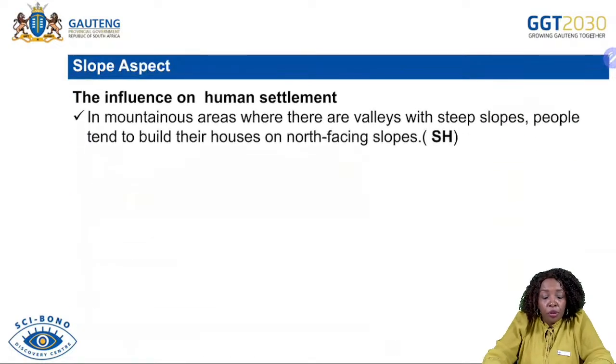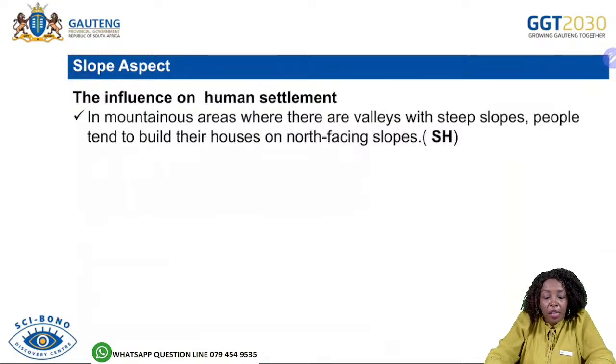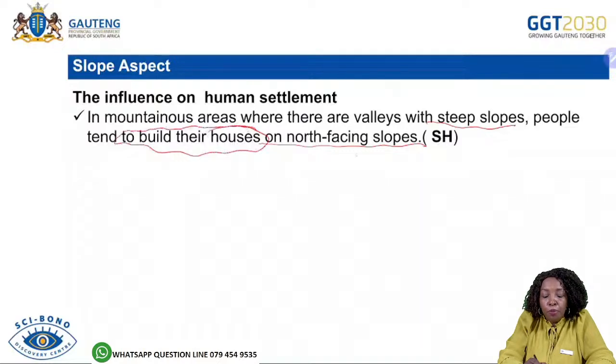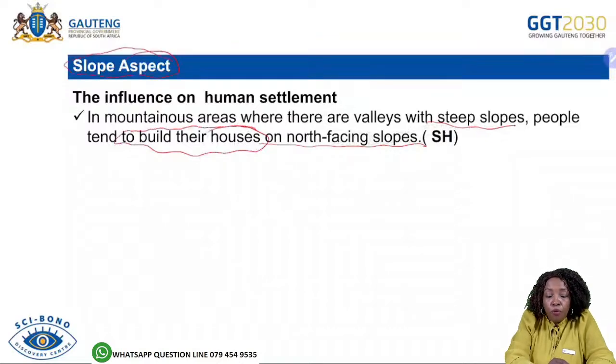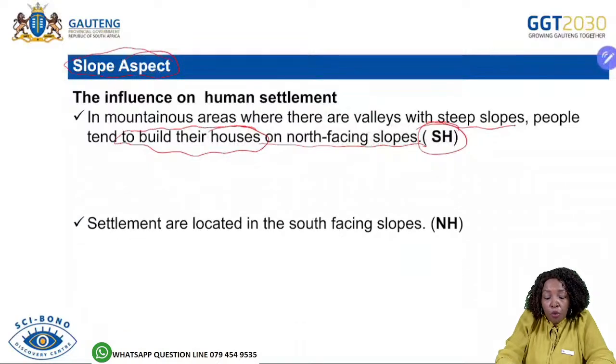Right, how then does slope aspect have an influence on human settlement? So in mountainous areas where there are valleys with a steep slope, people tend to build their houses on the north-facing slope, considering the characteristic of aspect over the southern hemisphere, where we say the north-facing slopes are warmer.